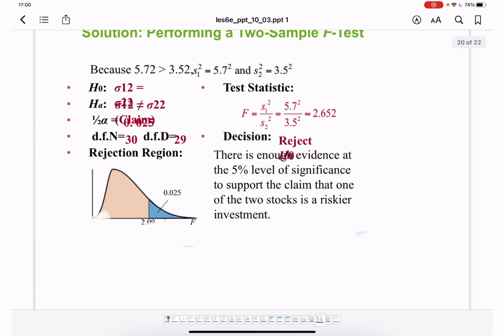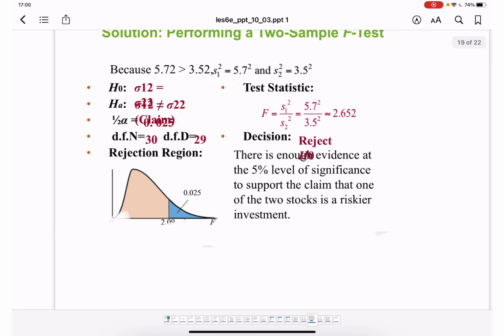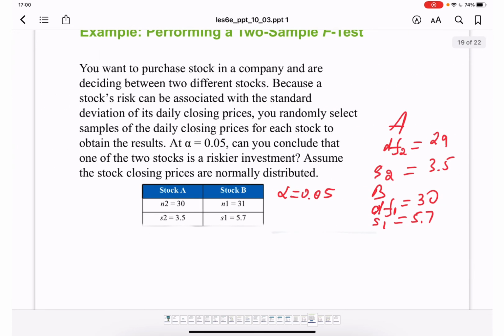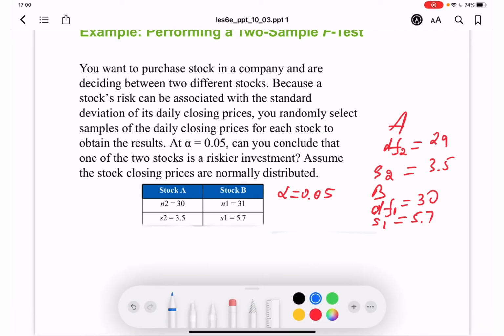Because we have 5.7 squared is greater than 3.5 squared. Here we have 5.7, S1 squared. No, just the standard deviation, right? It's given as standard deviation.